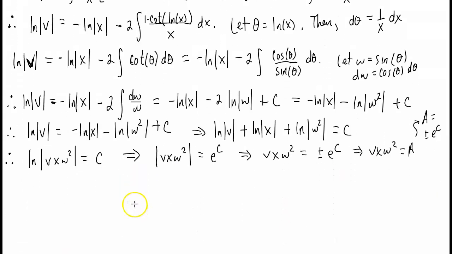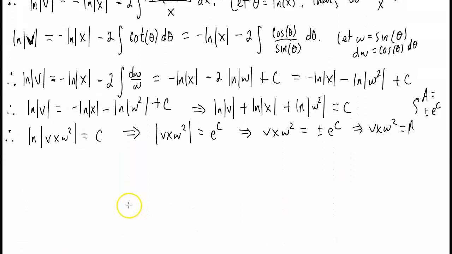All right, so from this point, we just need to solve for v. So therefore, we got v x w squared is equal to A, which implies here that v is going to be constant A divided by x times w squared.